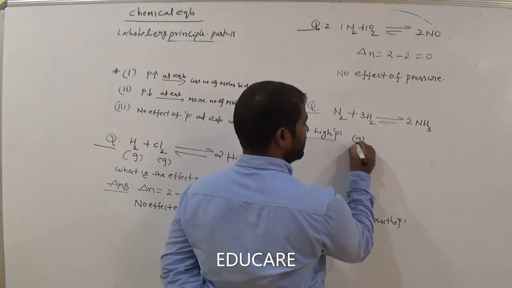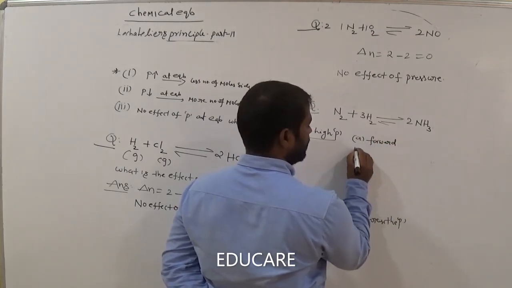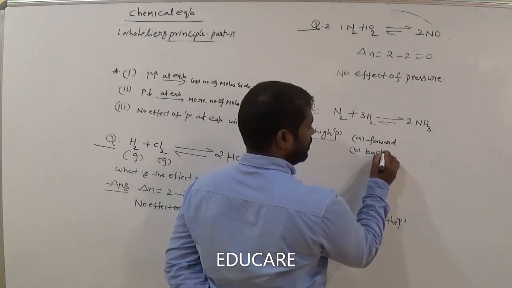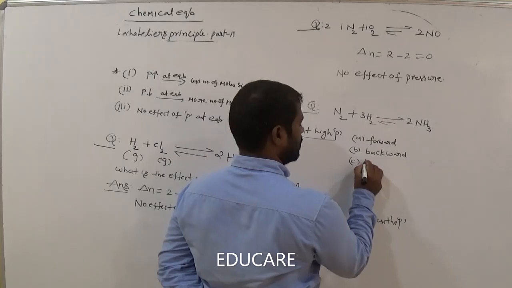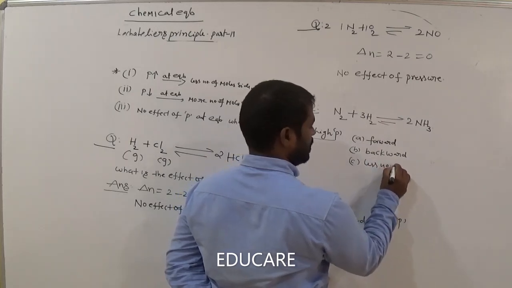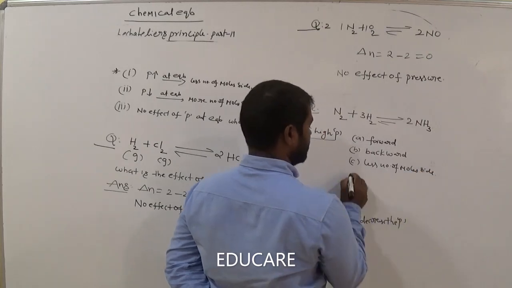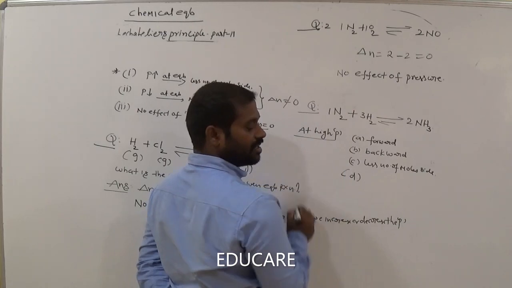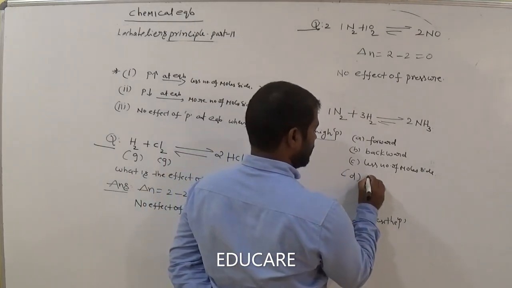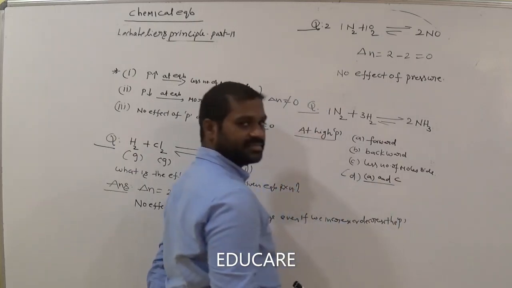The first option is forward, B backward, C less number of moles side, and D options A and C. Which one is the correct one?